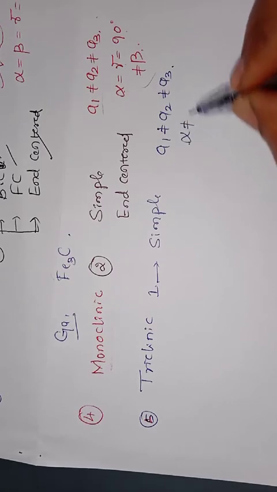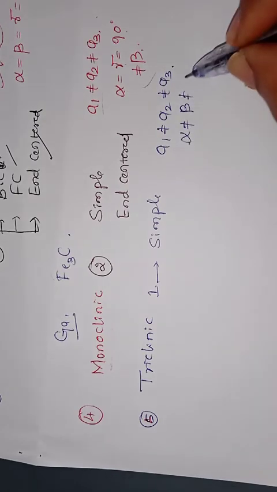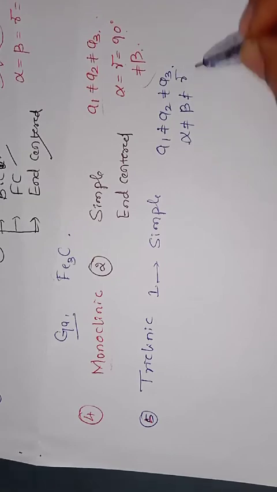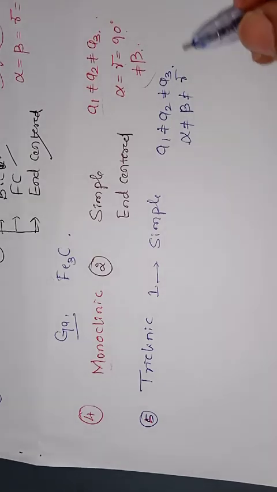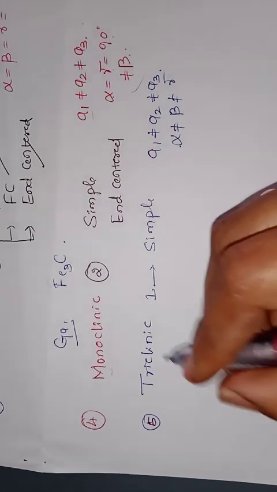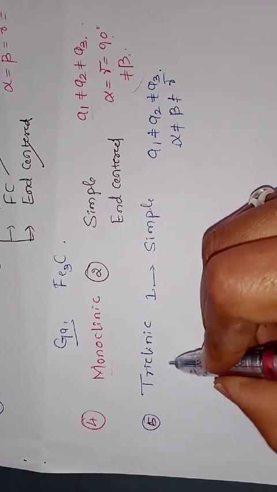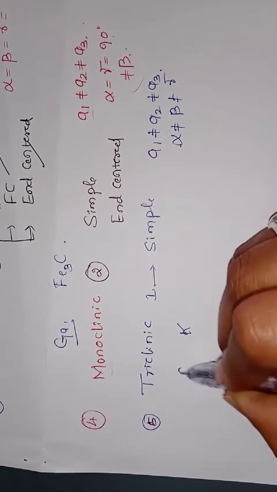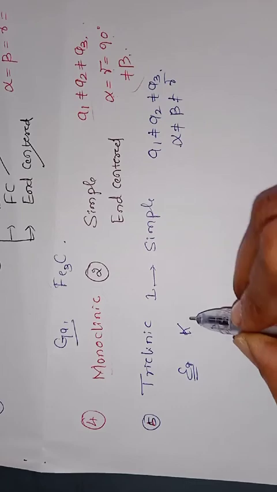The angles are also not equal: alpha is not equal to beta, which is not equal to gamma. Then the example for this is potassium parasulfate.